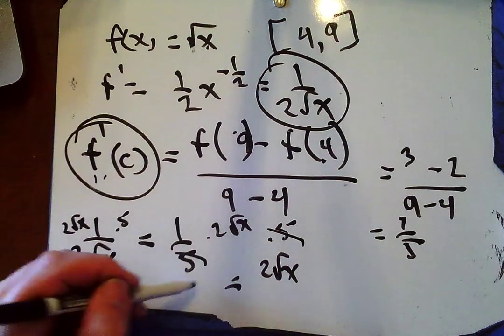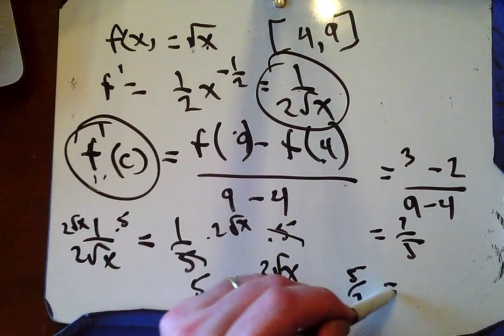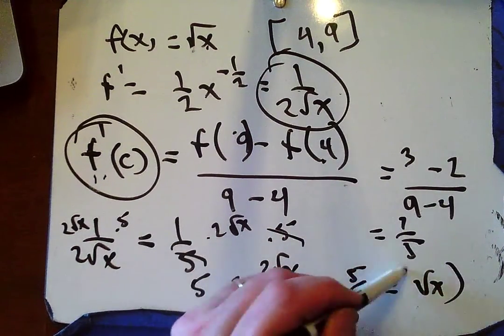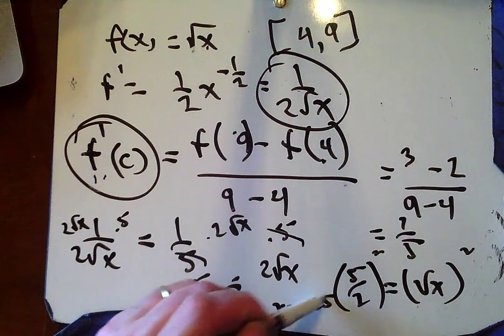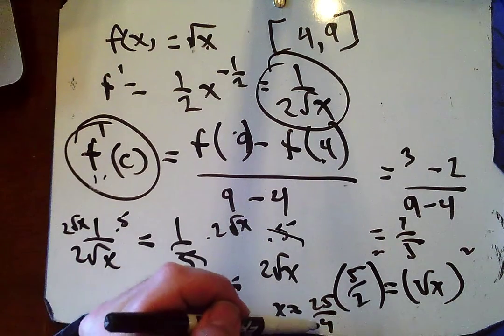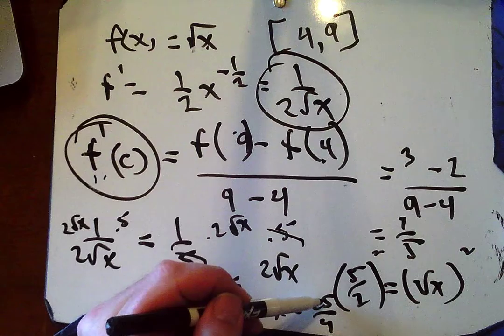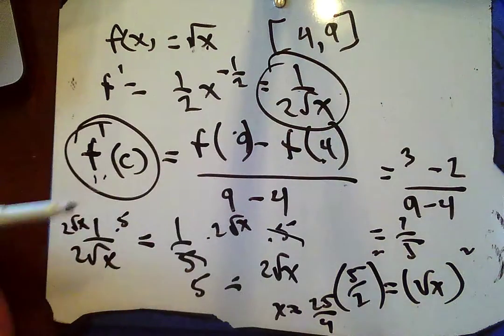And those will cancel, and I'll have 5 there. So that brings me to 5/2 equals square root of x. And if I square both sides, I get x equals 25/4. Well, that goes 4, 5, 6 times, 6 and a little, and that's certainly within there.